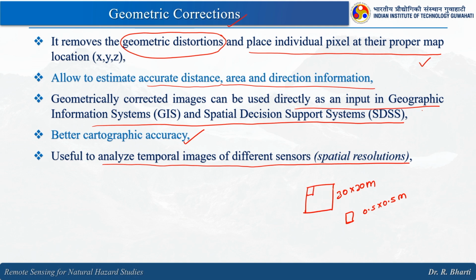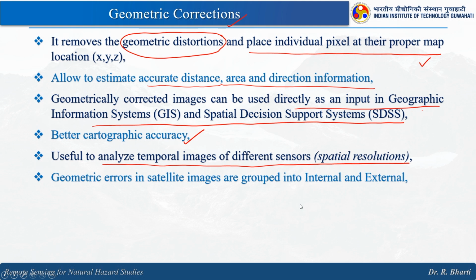So it will not occupy this 30 by 30 meter, it will just go and sit on its own location. So the next pixel will be here like this, and the 0.5 meter pixels will fit into this 30 by 30 meter, right. So depending upon the size, the number of pixels will be accommodated within the 30 by 30 meter.